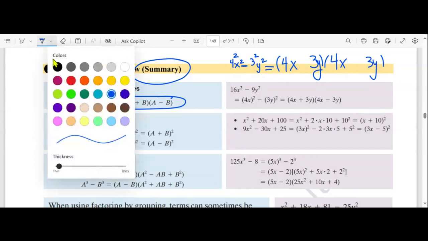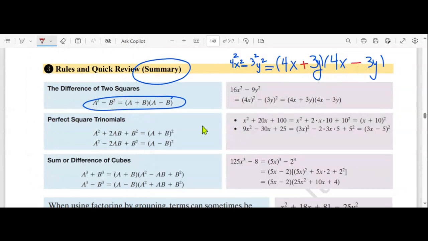And what's in the middle? Plus or minus? Plus and minus, okay? Does it matter if I put the minus here or the plus here? It doesn't matter. I can put the minus here and the plus there. But they have to be opposites. That's why they call it difference, right?